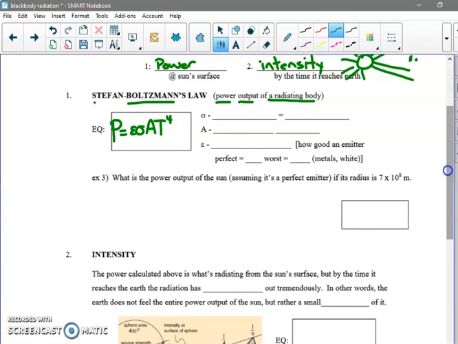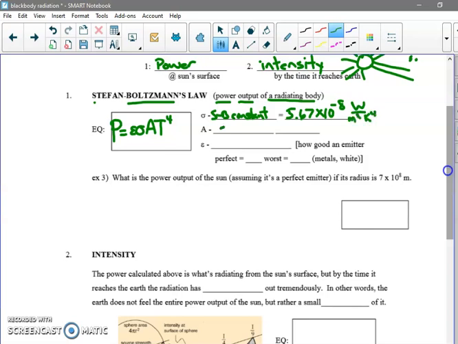Sigma is called the Stefan-Boltzmann constant, or SB constant. Don't confuse that with Boltzmann's constant. It has a value of 5.67 times 10 to the negative 8th. It's not in your reference tables because it's more of an IB thing, and I don't have the IB constants, but we can work out that the units are watts per meter squared per Kelvin to the fourth.